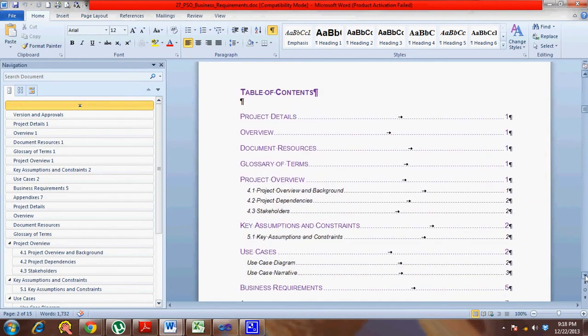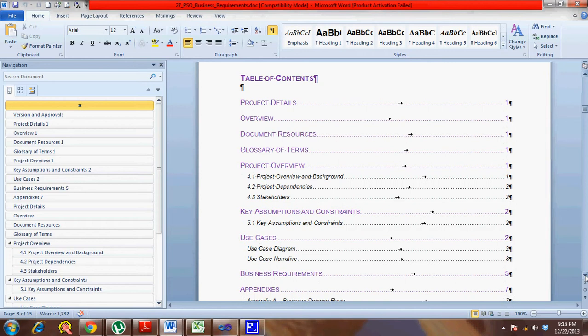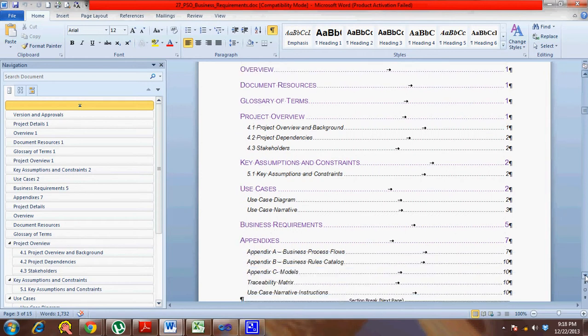If you look at the table of contents, you can find project overview and background, project dependencies, the different stakeholders, then what use cases you are going to have, where you capture the requirements through use cases, looking at the requirement from different users' points of view.